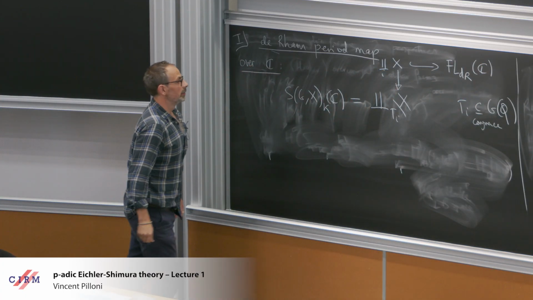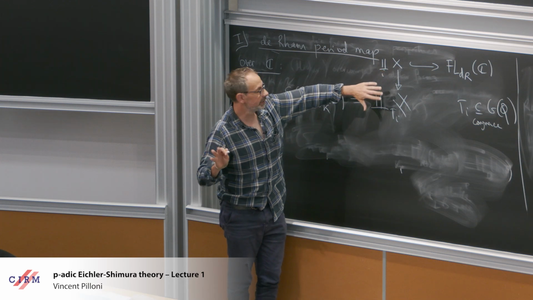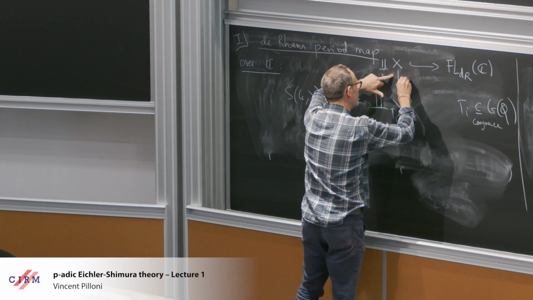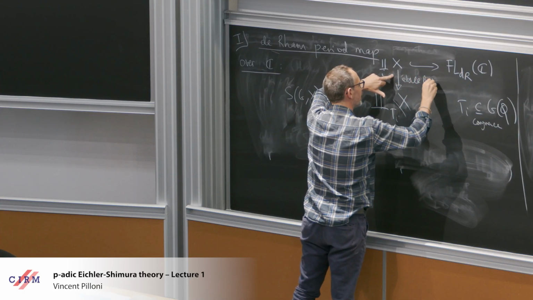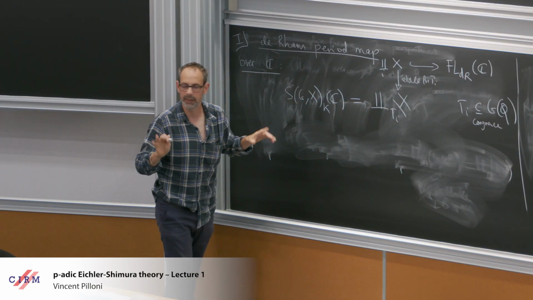I will say what's going on in the case of modular curves in a sec. This map is really an étale map for the group gamma_i, at least if I make a number of small assumptions that I'm going to make.